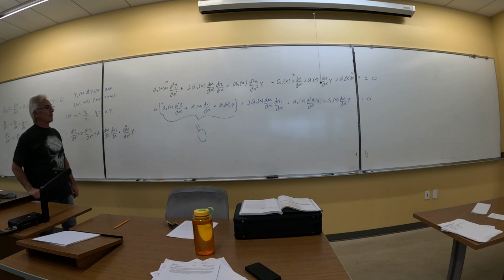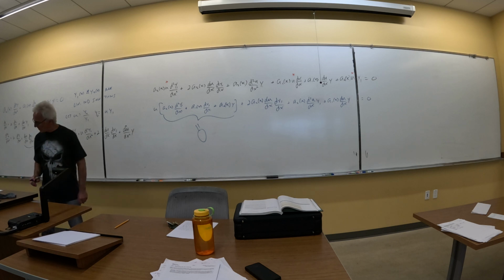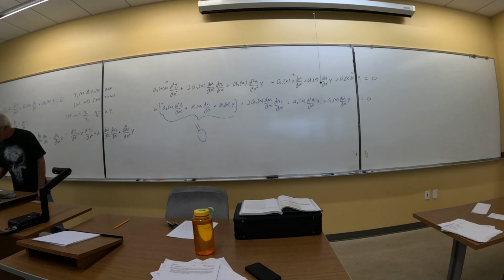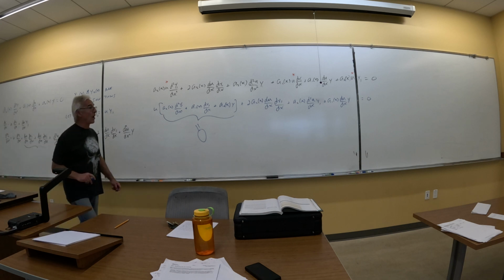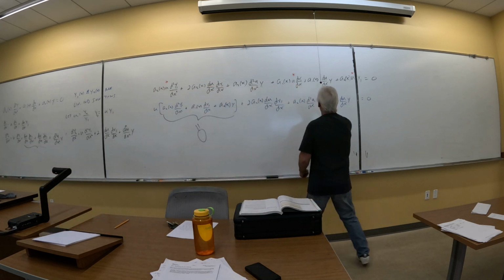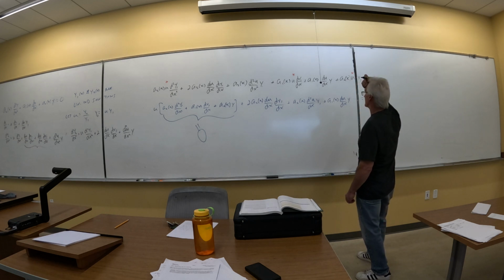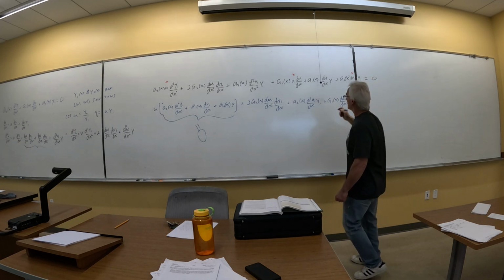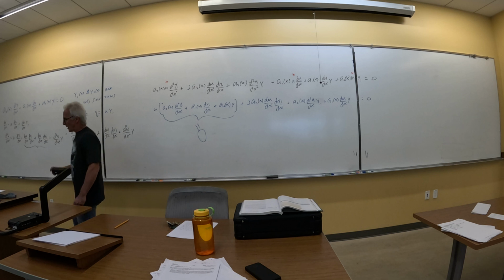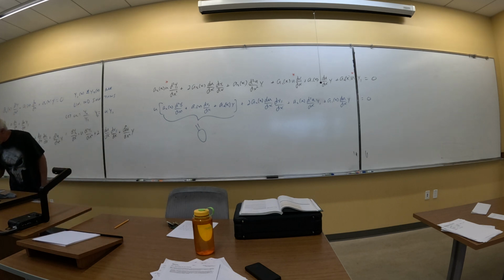Now, let's rewrite this one in the order of, how about, let's see, where should we? Hold on a second, what order do I want to do it in? I want to do it in the y's. I have a second derivative of u with respect to x squared.